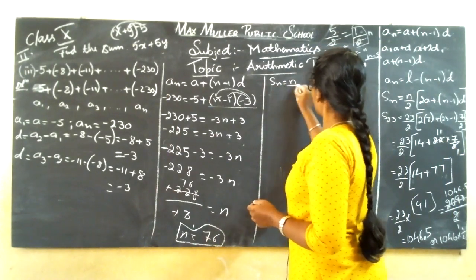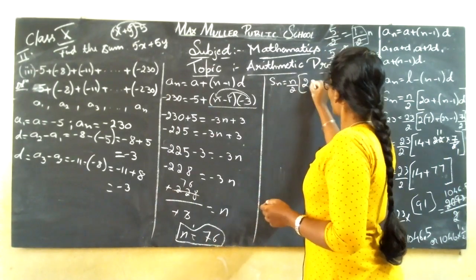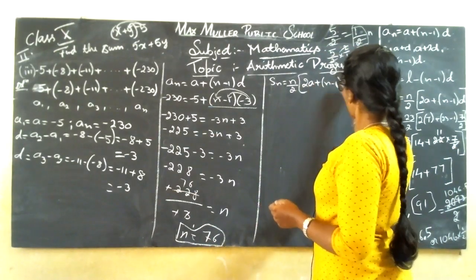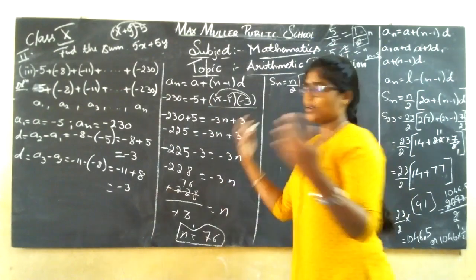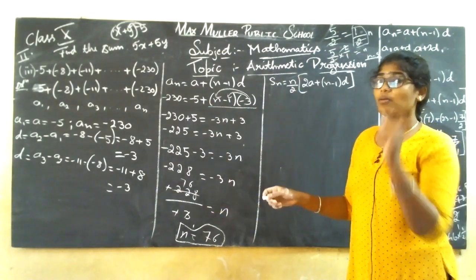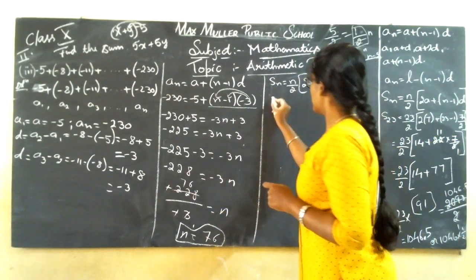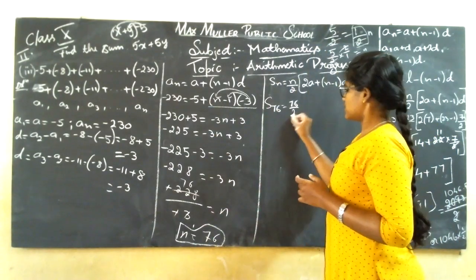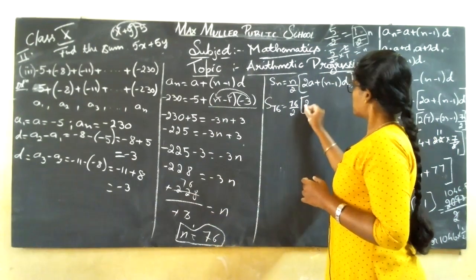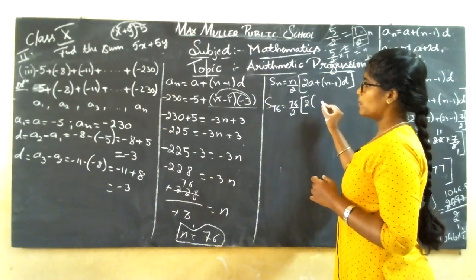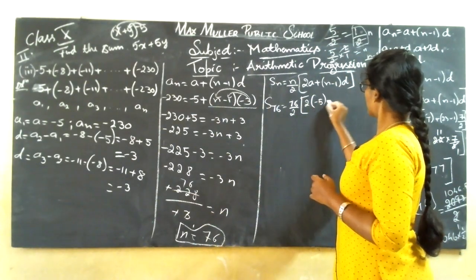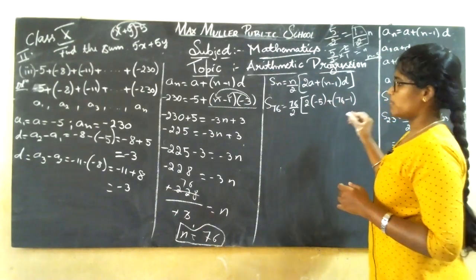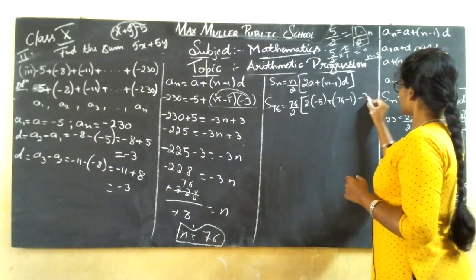Sn is equal to n by 2, 2a plus n minus 1 into d. Now, what is Sn? I do not know Sn, but I know the value of n. What is the value of n? 76. S76 is equal to 76 divided by 2 into, what is a value? Minus 5 plus 76 minus 1 into d. D value is how much? D value is minus 3.